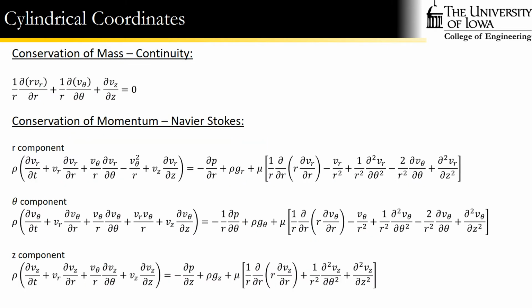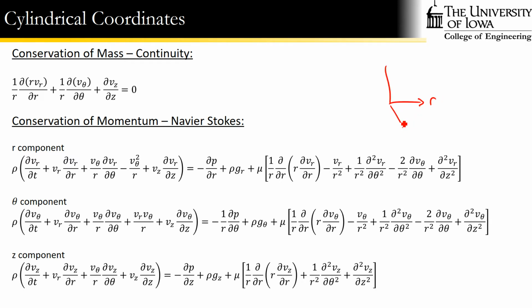Written in cylindrical coordinates, things get messier because gradients, when working in cylindrical or any kind of polar coordinates, contain a lot of extra terms. So we have conservation of mass, and then conservation of momentum of Navier-Stokes in the radial component, the angular component, and the z component. This is a coordinate system that looks like, let's see, trying to figure out how to draw this for you guys.